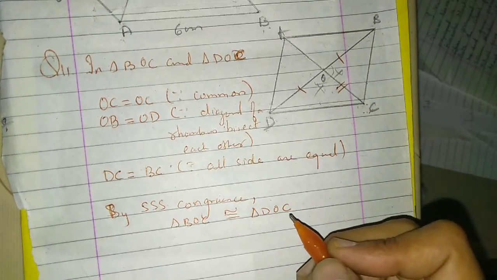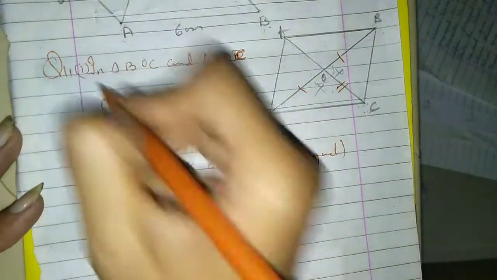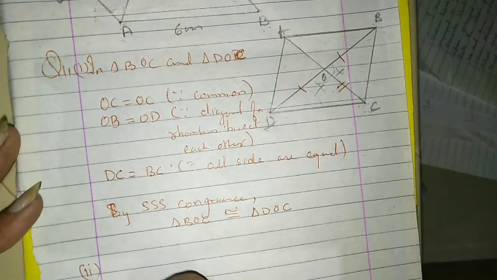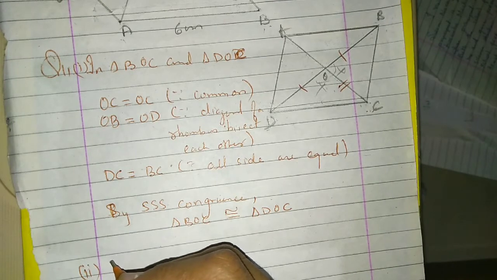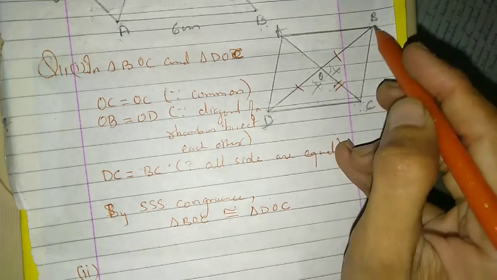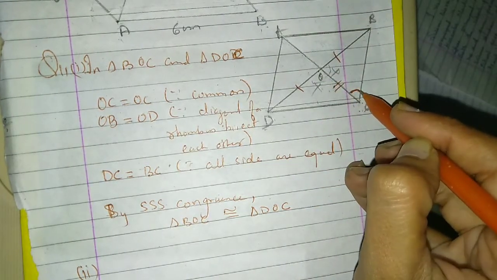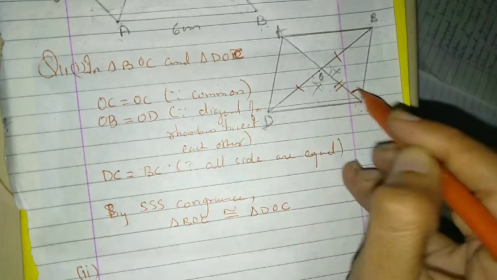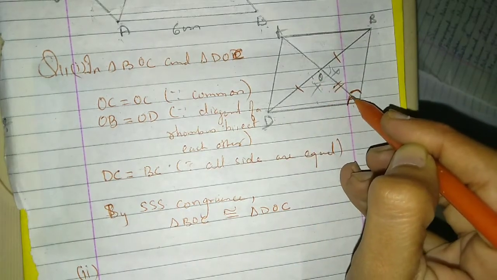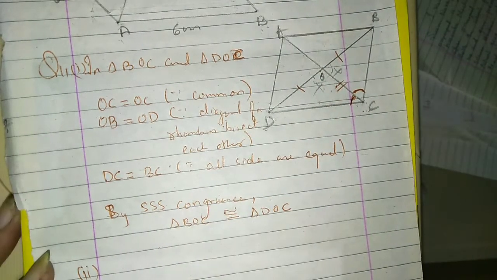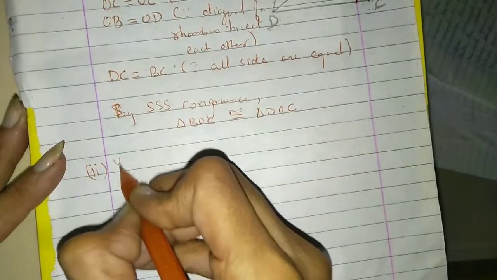Then the second question: angle BCO, which means this angle, and angle DCO, this angle, are they equal? Yes or no? Yes.